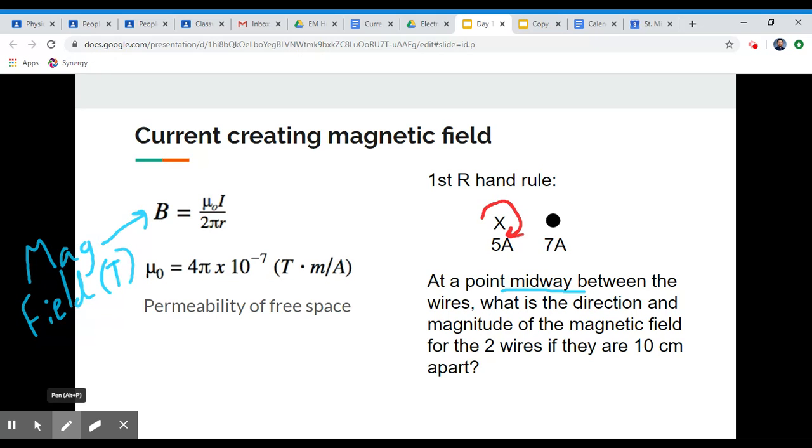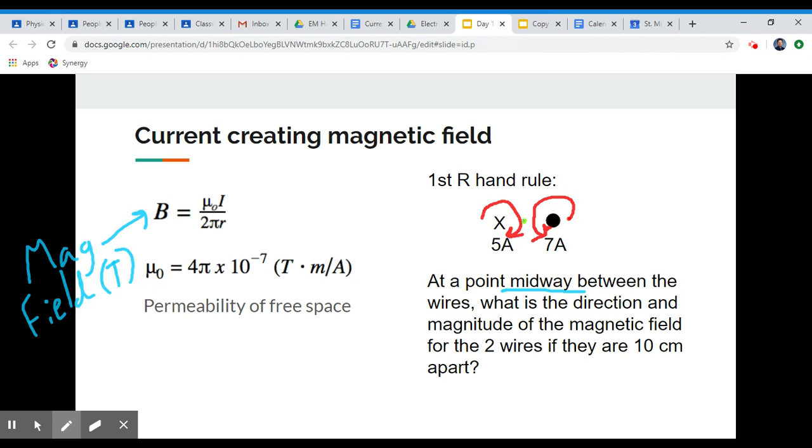For the 7 amp one, you're going to point your thumb right at yourself because it is coming out of the page, and your fingers are going to curl in the counterclockwise direction. So both the magnetic fields are pointing in the downward direction in the center, where this midway point would be.